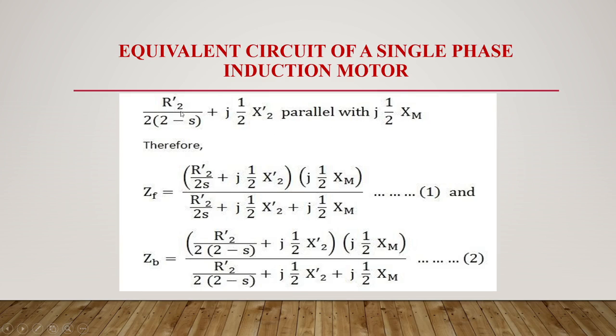So R2 dash by 2s plus j 1 by 2 X2 dash, into j 1 by 2 XM, by R2 dash by 2s plus j 1 by 2 X2 dash plus j 1 by 2 XM. This is the forward side and this is the backward side.